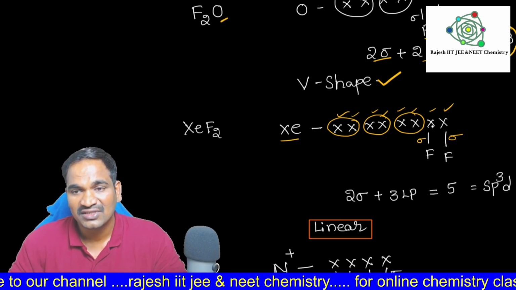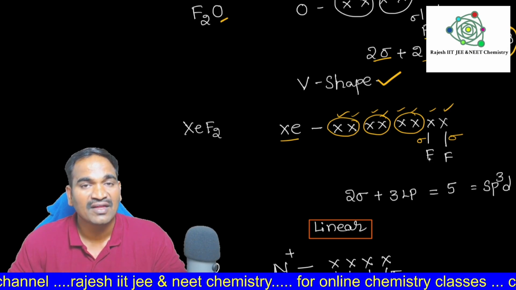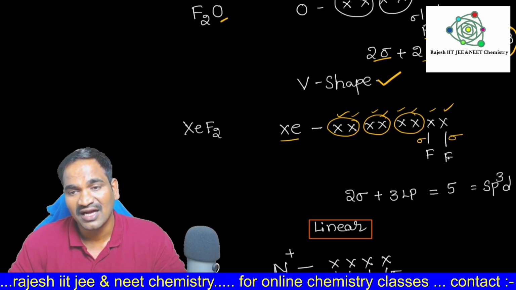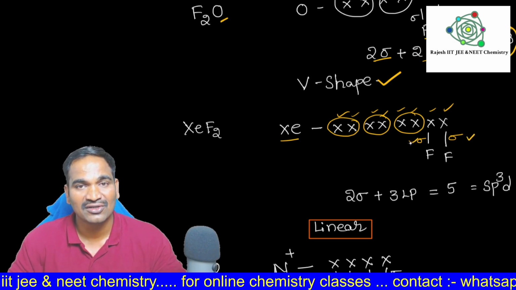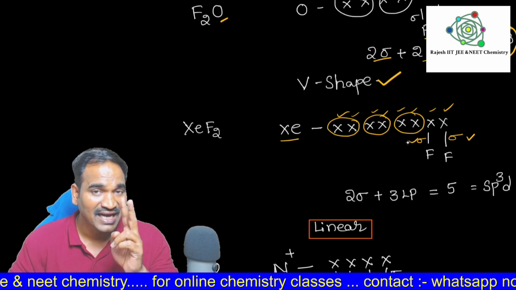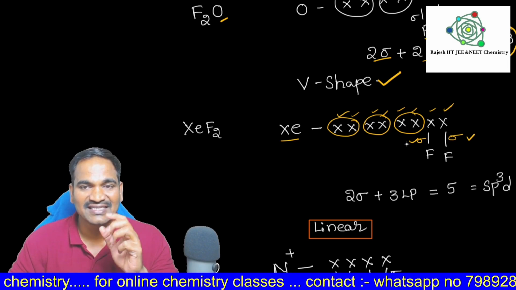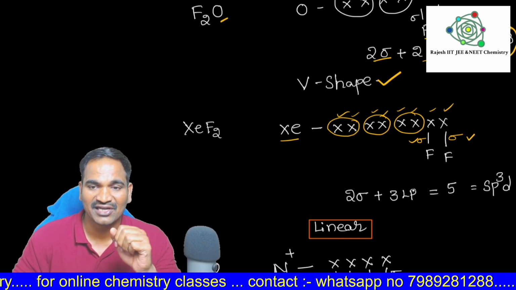So of the last 2 electrons, 1 electron is bonded with 1 fluorine with a sigma bond, another electron is bonded with another fluorine with a sigma bond. Sigma, sigma. Total 2 sigma bonds are there. And how many lone pairs are there? 3 lone pairs.